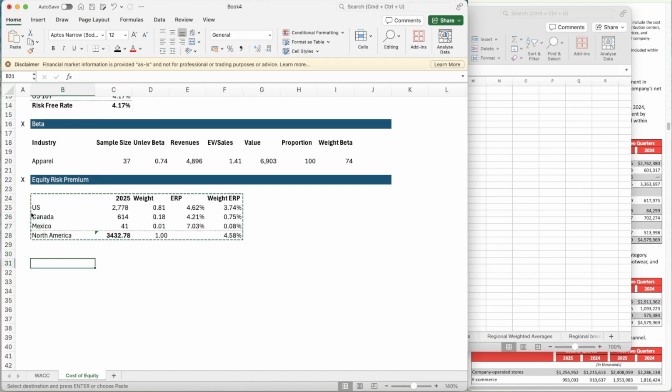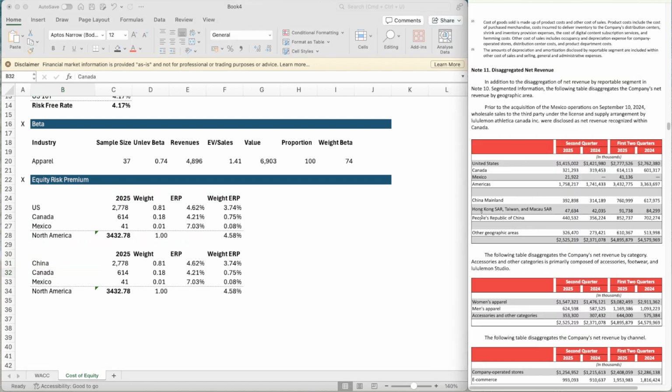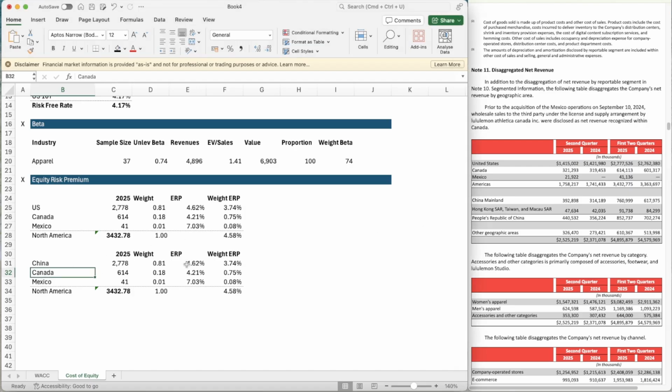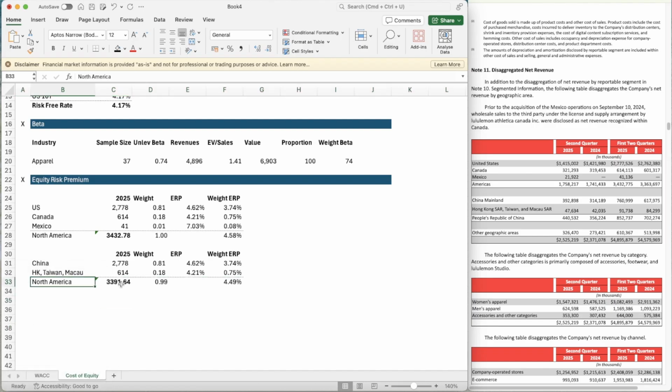Now we have to do exactly the same for China, Hong Kong. So we'll go HK, Taiwan, and Macau. Delete that one.